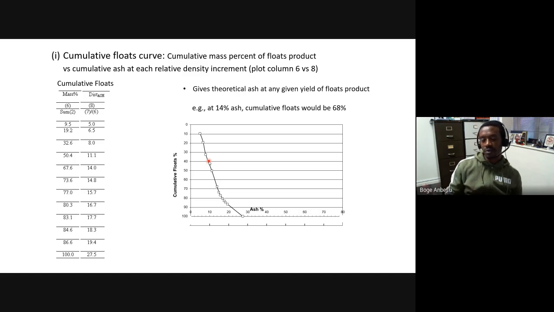So this customer is requiring you to produce a 10% ash product. And for you to be able to apply sink and float and produce that material, you are going to get only 40% recovery, which means at the end of the day, after conducting your dense media separation, you're going to lose 60% of the coal into the tailings. So then you say, okay, this is just too much coal to lose, and I can't afford to produce this high quality material.